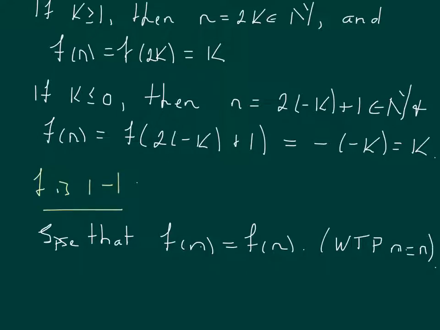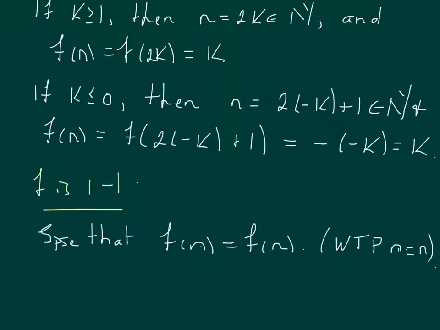If we've done that, then we'll have shown that f is 1 to 1. Okay, so two cases. Either this common value, f of m equal to f of n, is a positive integer, or maybe it's less than or equal to 0.